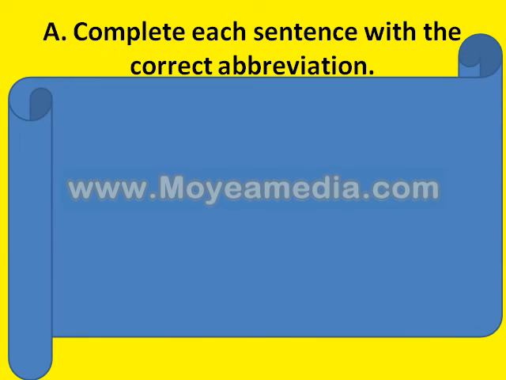So I have here some exercises that you need to complete. So you are going to complete each sentence with the correct abbreviation. Just choose between A and B. Number 1, Mr. was M, capital M and small r, or letter B, small m and small r.